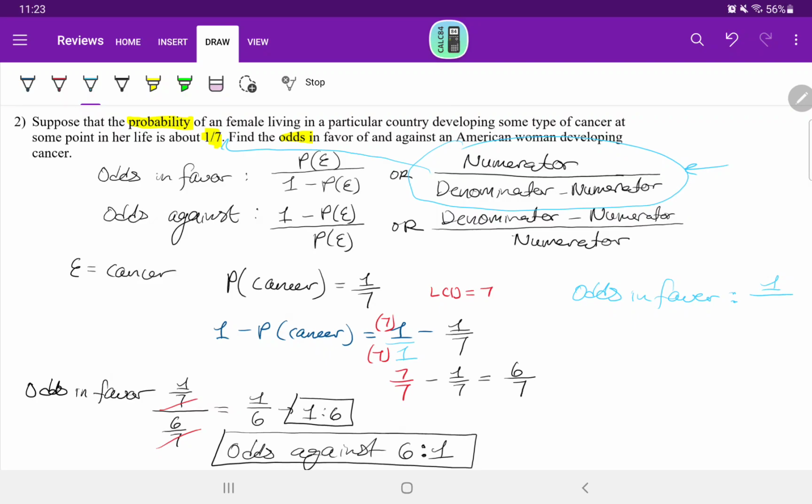My denominator is 7. So that's 1 over 7 minus 1, and 7 minus 1 is 6. So that's going to be 1/6. And because this is the odds, and odds is a ratio, we can write that as 1 to 6, which is the same answer as I got here.